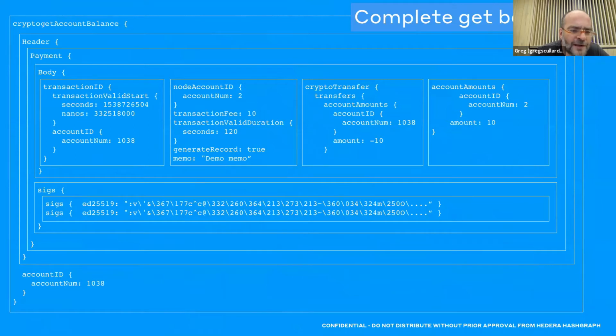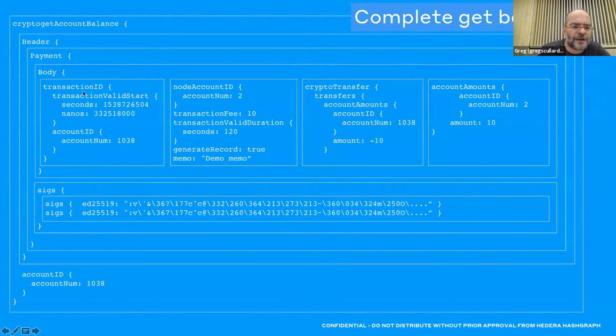It normally looks linear, but I've had to make it fit on the screen. So we're doing a crypto get account balance query. It has a header, which includes a payment. That payment has a body, which contains a transaction ID, because this payment is actually a crypto transfer transaction to pay for the get account balance query.